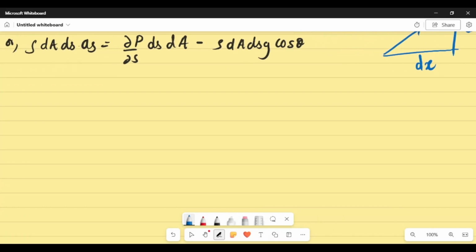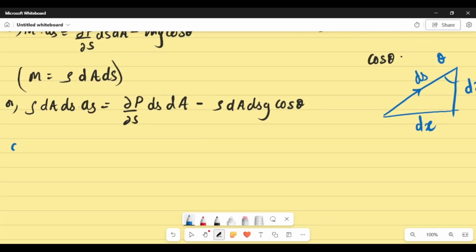Now we can write this as rho times acceleration in the s direction equals minus del P by del s minus rho g times dz by ds.